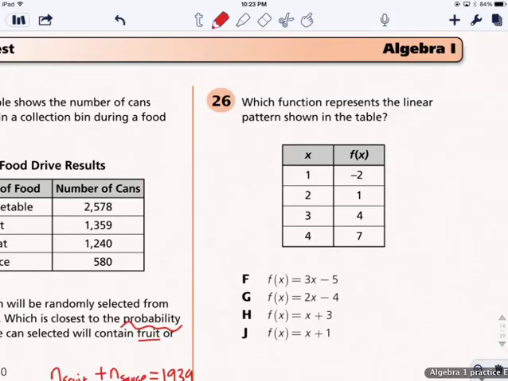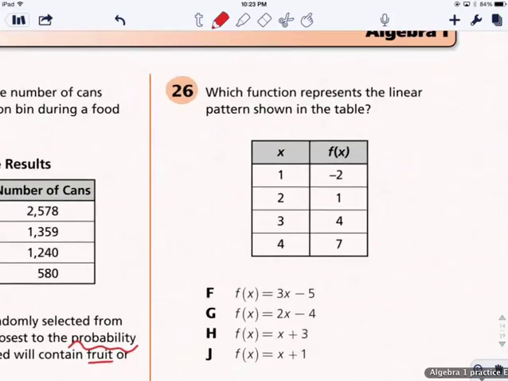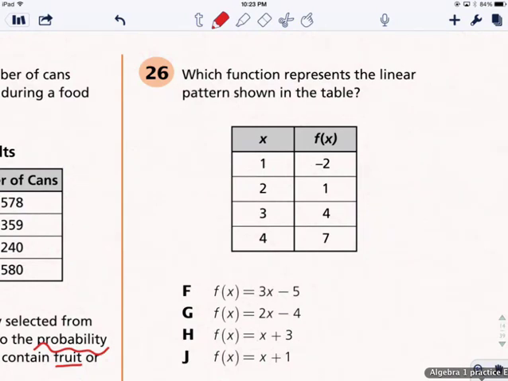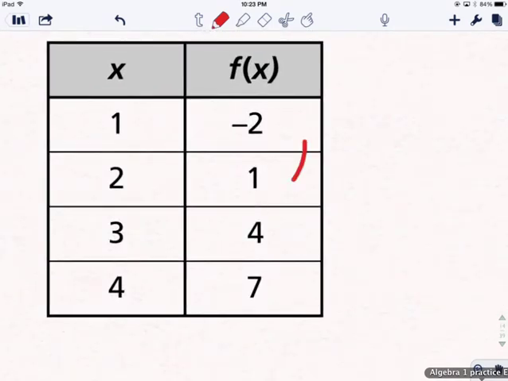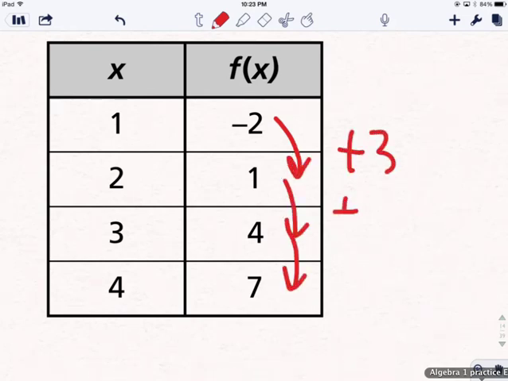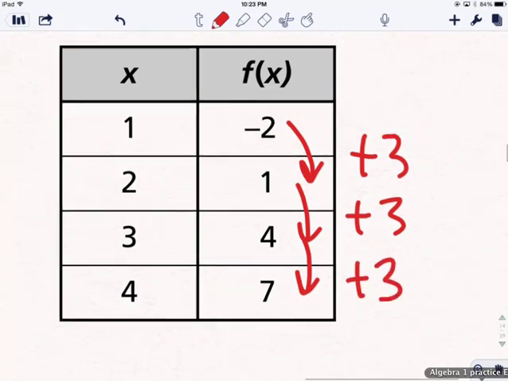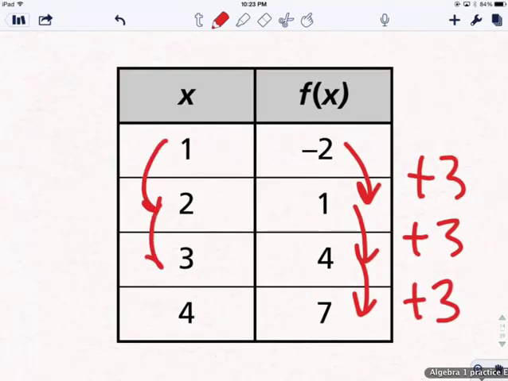Number 26. Here is another problem in which we have to write a linear function from a table of values. Now recall the way to do this. First of all, figure out how much does the function change by. Let's see, it goes up by 3, up by 3, up by 3. And each time x goes up by 1.